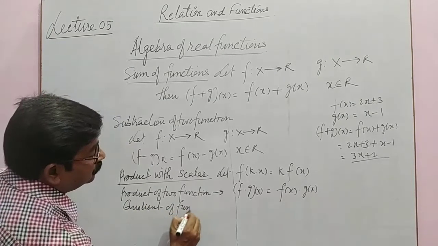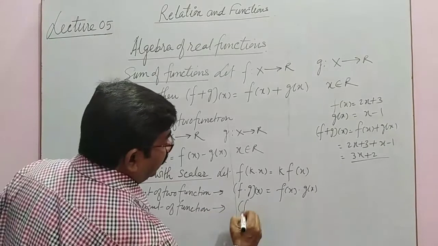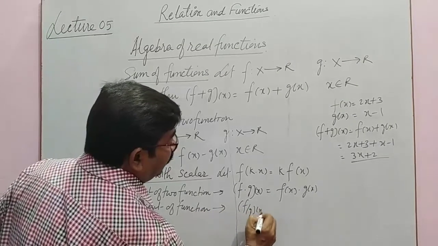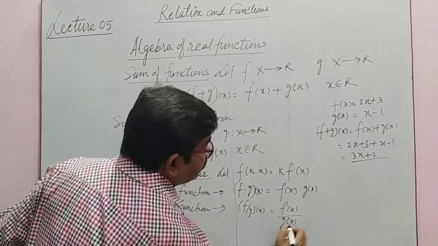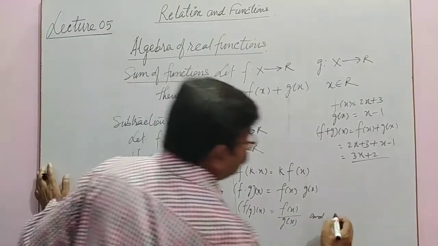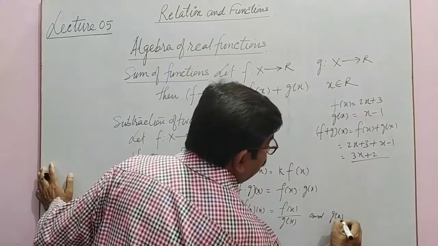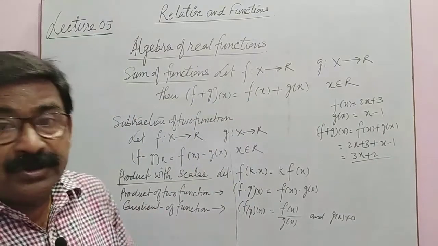Quotient of functions: in the same way, if we have (f upon g)(x), we can write f(x) upon g(x), and since it is a rational function, g(x) is not equal to 0.